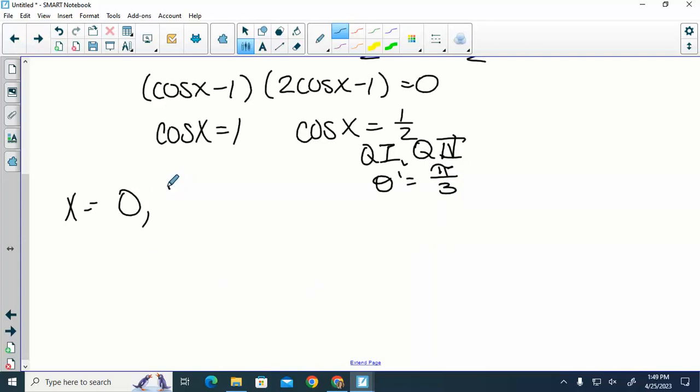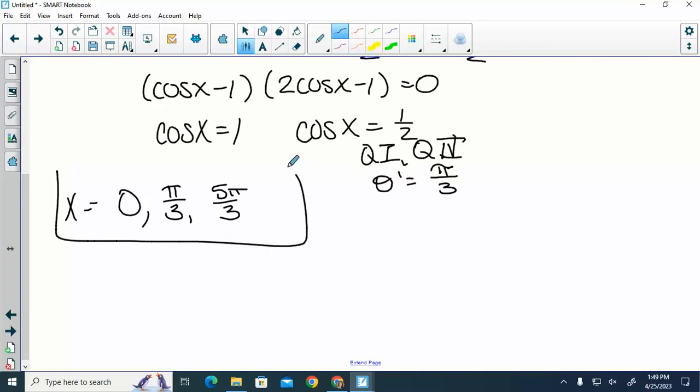So pi over 3 in quadrant 1 is still pi over 3. Quadrant 4, that's 5 pi over 3. Were you guys okay on problem 15?